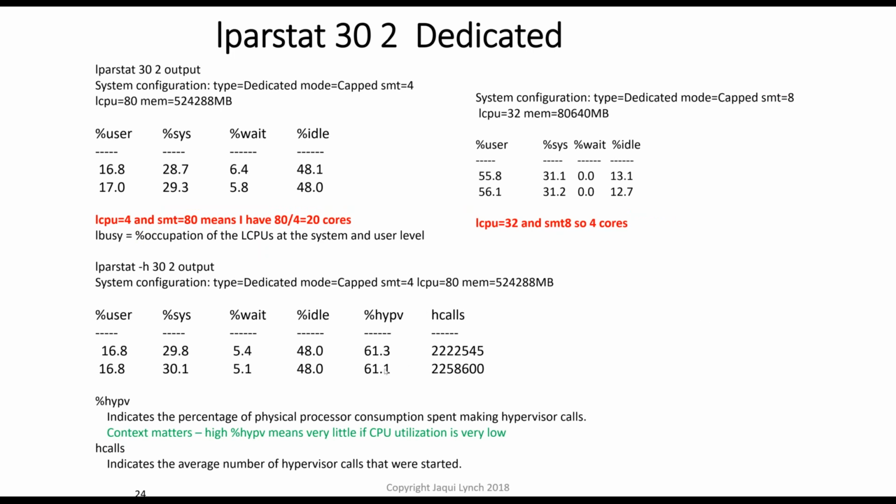And here's the one where I was talking about the percent hypervisor. You know, if I'm looking at the percent hypervisor, and as I said, if I see that high, it may not be a problem. Because what it really depends on is what's my user and system. You know, if the system's not doing anything, then I'm not so concerned about the hypervisor. This is another case where context matters.